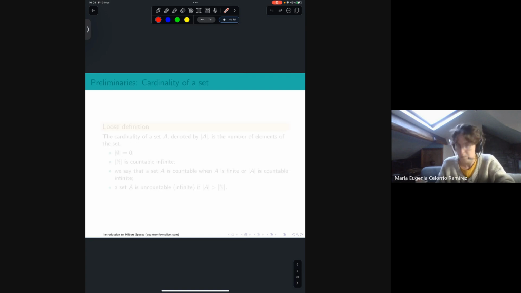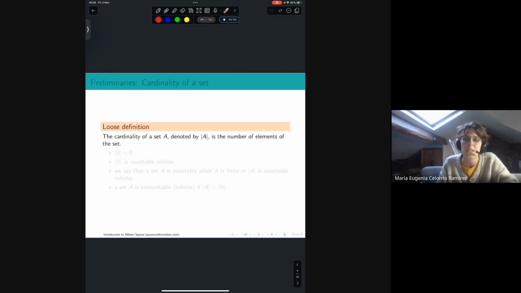And then moving to the cardinality of a set. This is going to be a very loose and brief introduction, but we need to have some concepts clear. First, the cardinality of a set is the number of elements of the set. And we write it with this absolute value around the set.